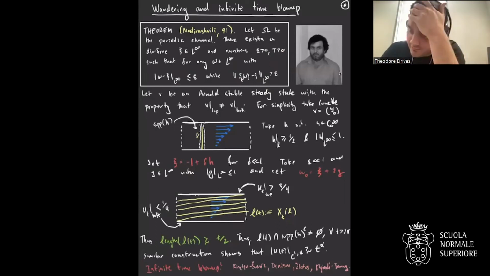So the proof of this, and the construction of this point ξ, is very simple. I'll just quickly explain it. Suppose you have a periodic channel with Couette flow, and you connect the top and bottom of the channel with a line, and you have a little compactly supported perturbation of vorticity along this line. That will be Nadirashvili's ξ.